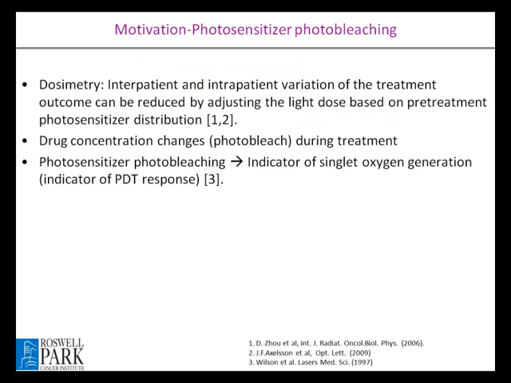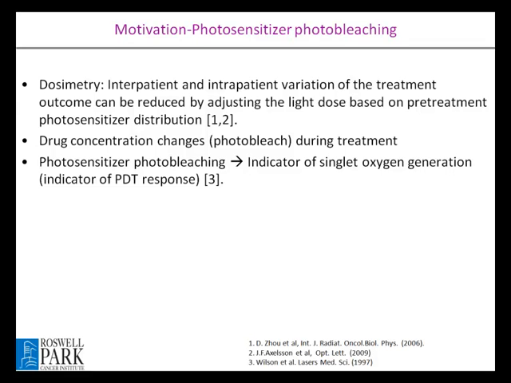For the photosensitizer, a lot of people have already worked on it. They showed that even the pre-treatment photosensitizer distribution can be an indicator of the PDT response. You need to really know how much photosensitizer you have in the tissue to deliver the correct amount of light.